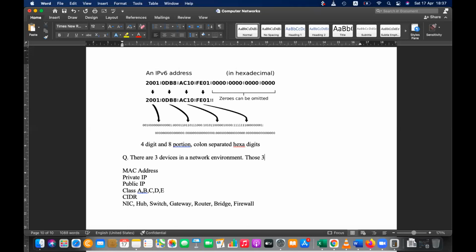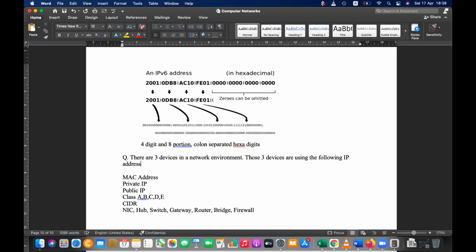Those three devices are using the following IP addresses and 255.255.255.0 as the subnet mask.